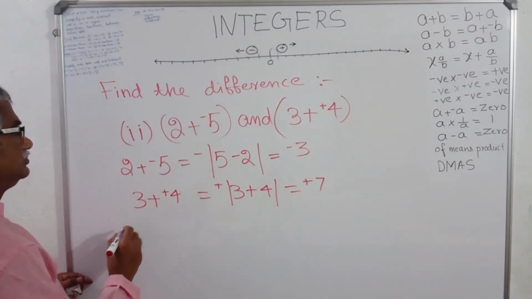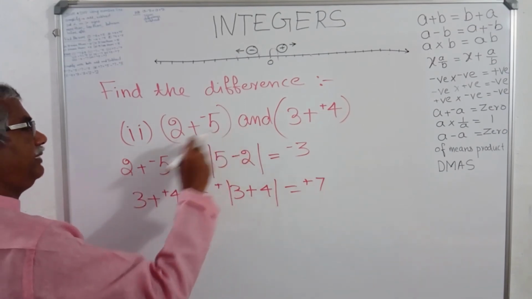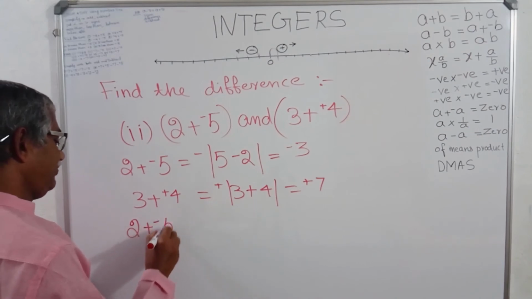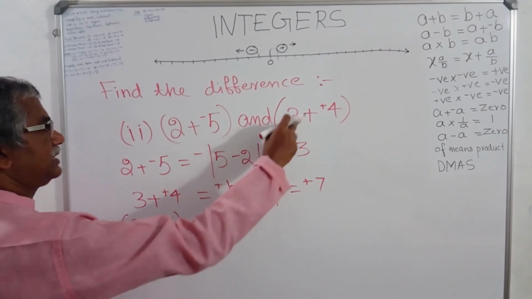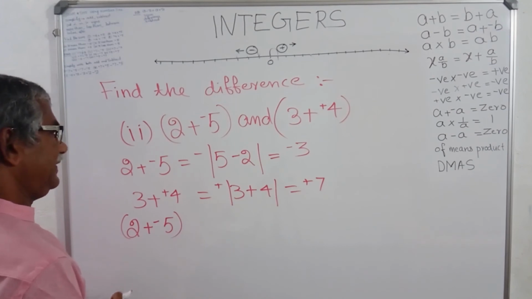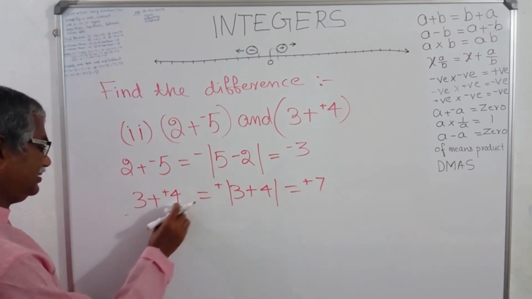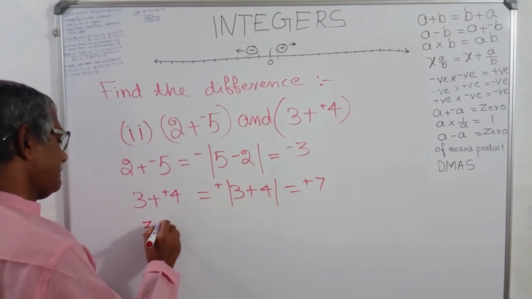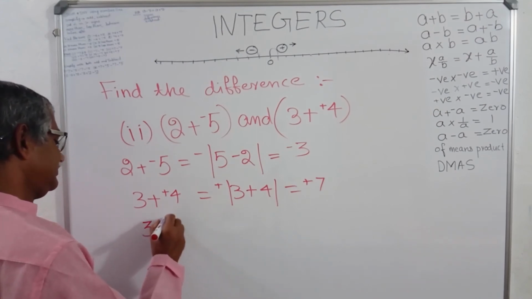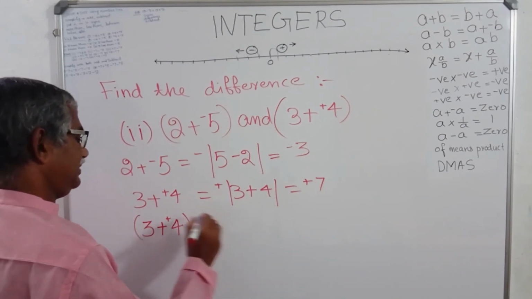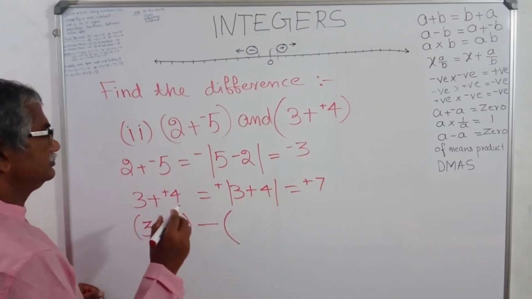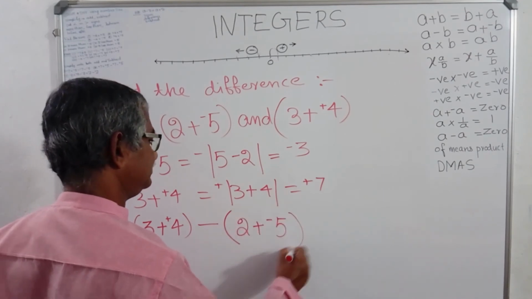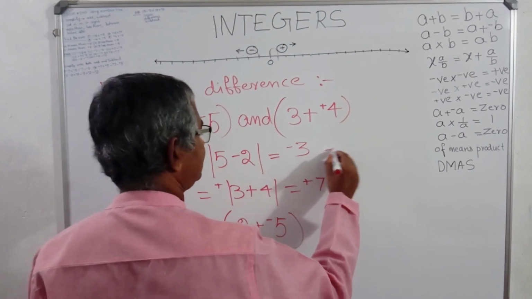So, by step simplification, we can write 2 plus -5, 3 plus 4. But the second one is larger, so we need to change its order like this. Minus 2 plus -5. Why are we writing like this?